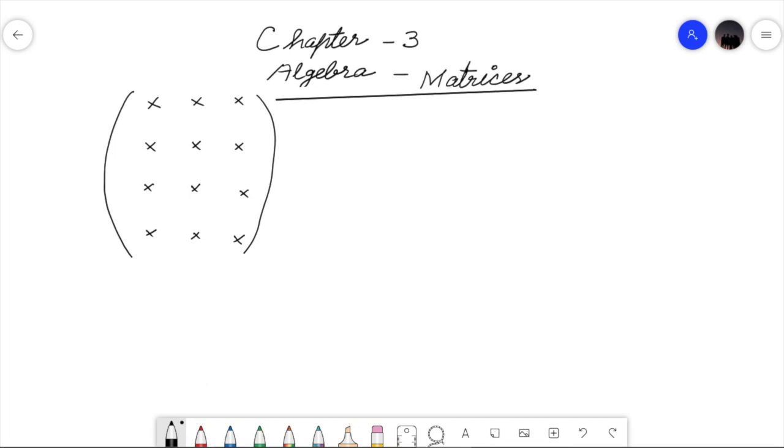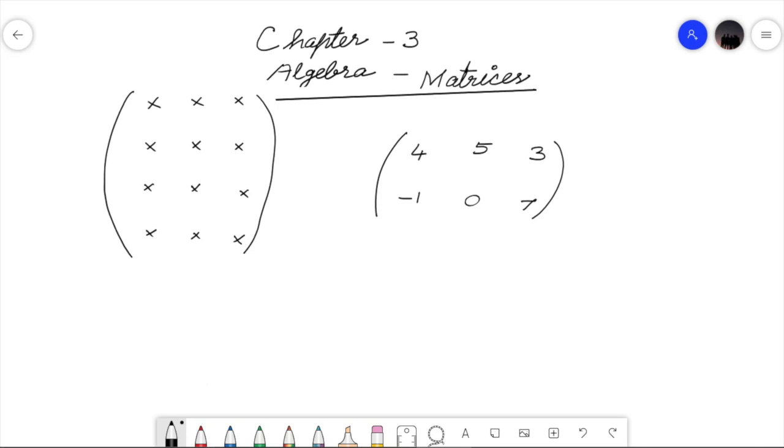This is how we note the matrix. Now let's have an example: 4, 5, 3, minus 1, 0, 7. Here 4, 5, 3, minus 1, 0, 7 are the elements.